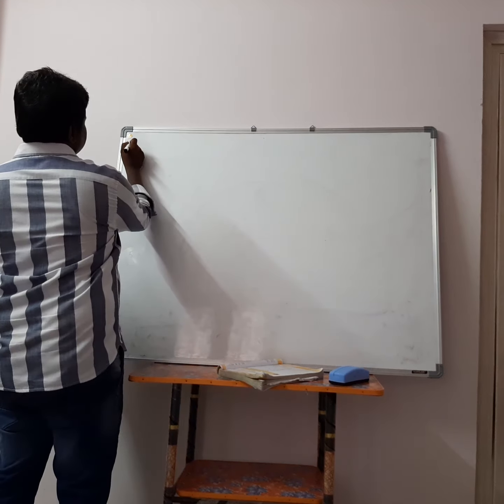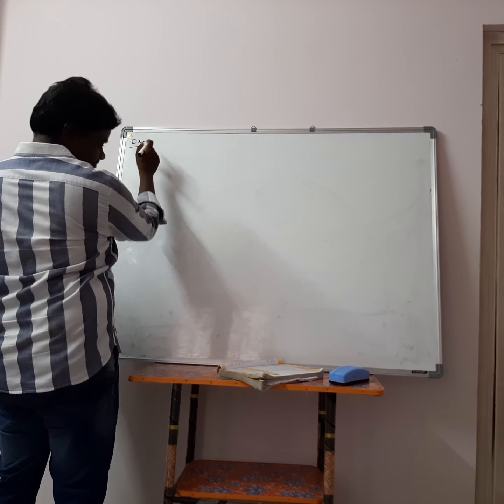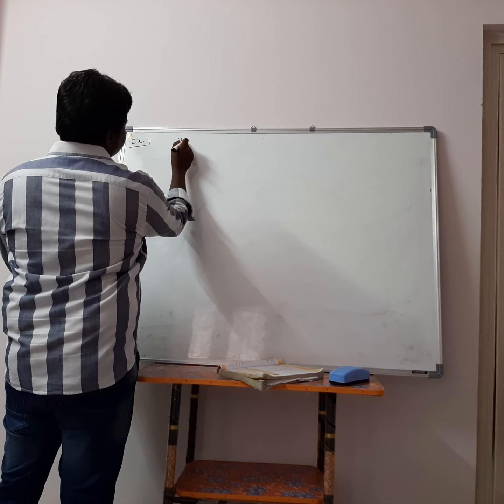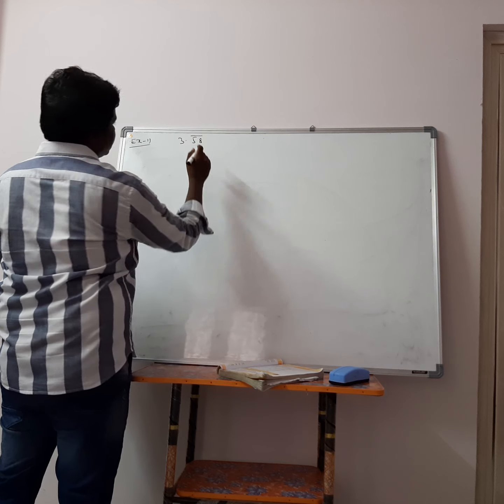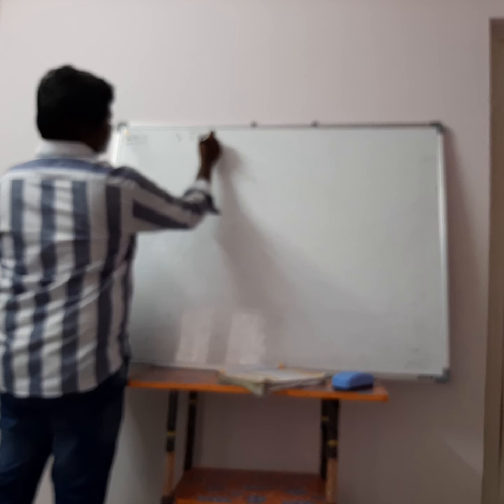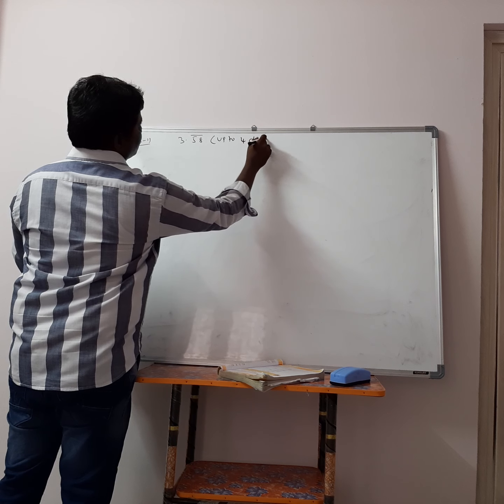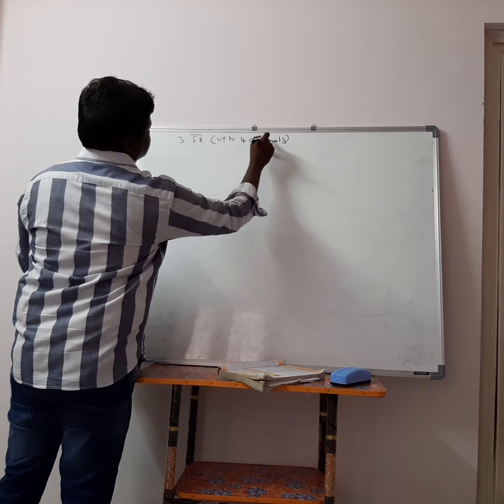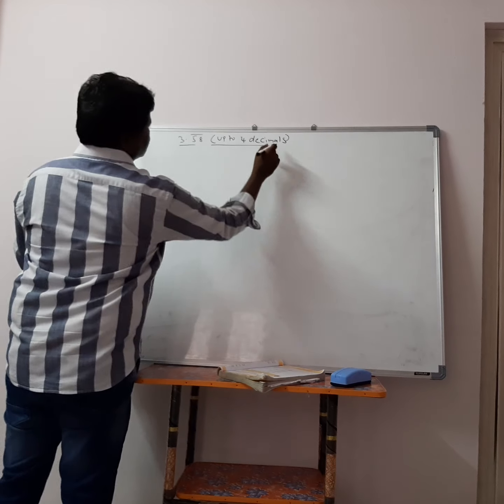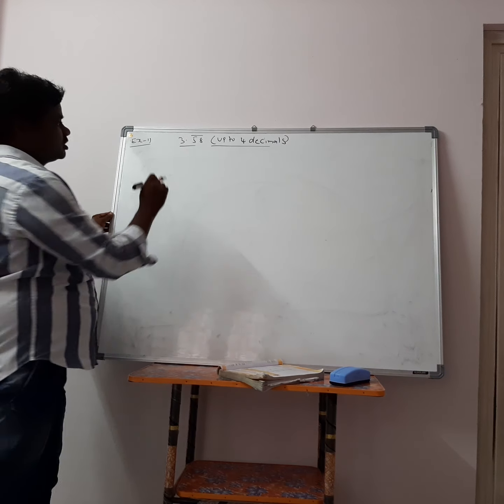Example 11 I am explaining. Here 3.58 bar, up to 4 places. Up to 4 decimals they asked.